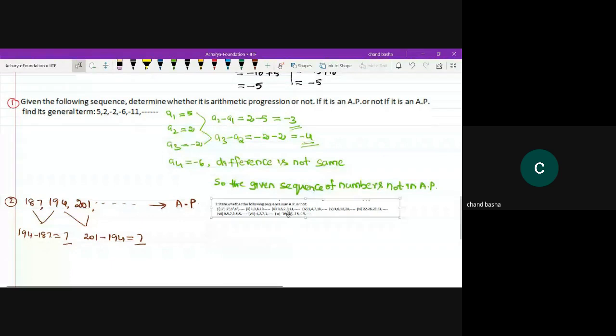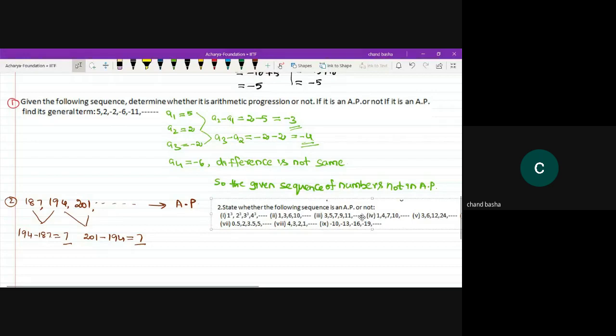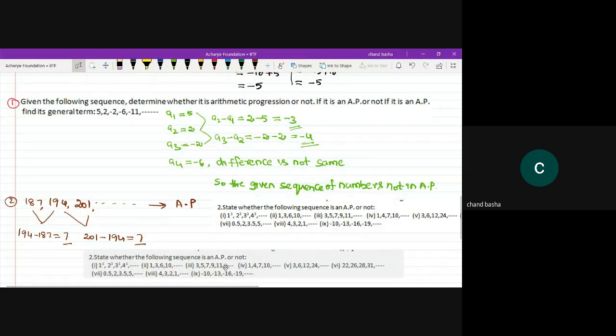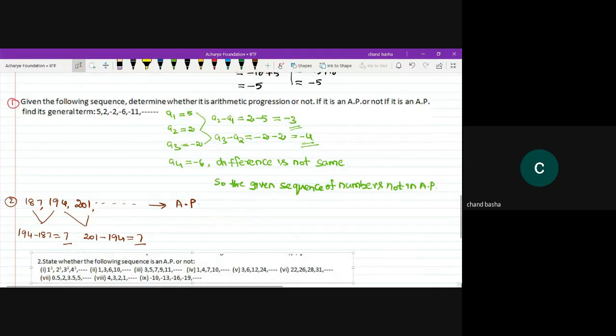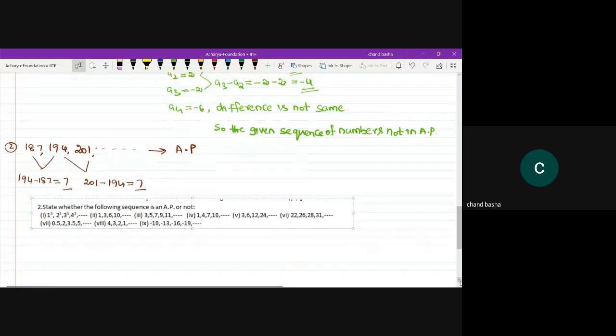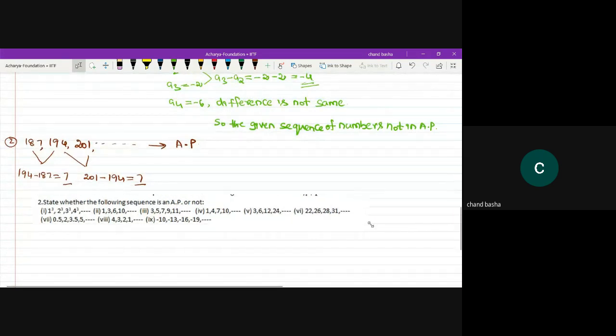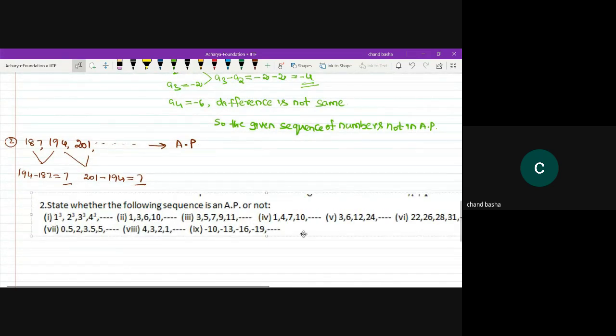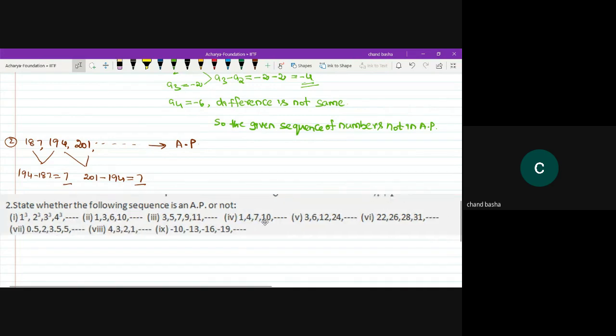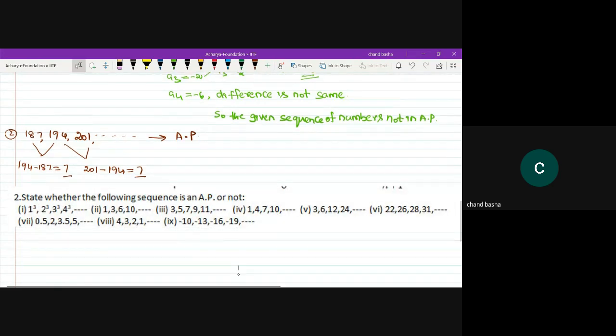State whether the following sequence of numbers are in AP or not. I'll discuss the first 1 or 2 examples, just listen carefully, and the rest you should work on. If anything feels difficult, I'll discuss it tomorrow.